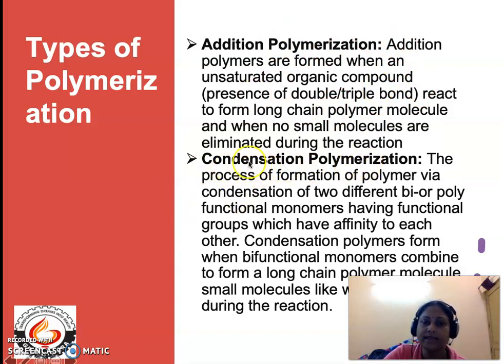Here, as the name suggests, there has to be an elimination of small molecules during the polymerization reaction. Another important criterion is the nature of the monomeric units. In this case, the monomers must have at least two functional groups, and two different monomers combine to give rise to condensation polymerization.